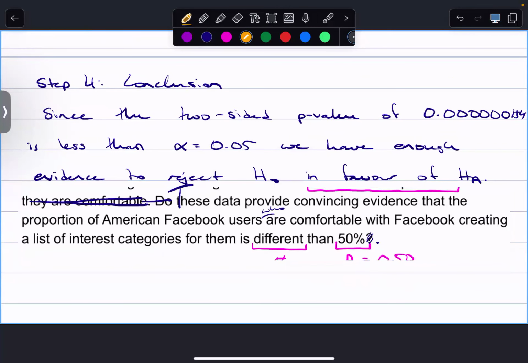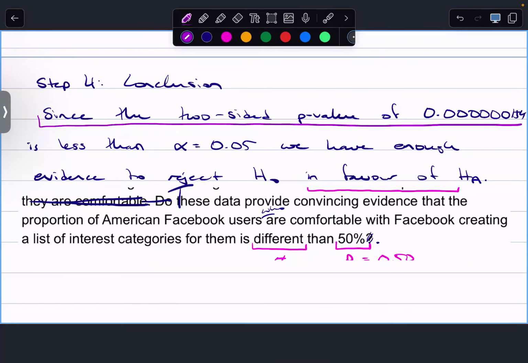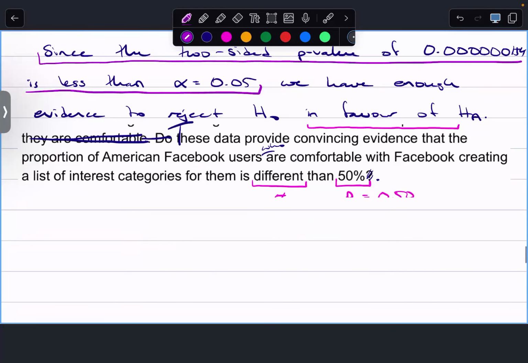There. So the first part of the conclusion, let's do it in purple, is that you're going to compare the p-value to the alpha level. Is it less than or is it not less than?